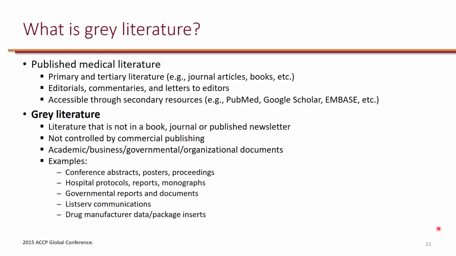Some examples include organizations like the American Heart Association, Infectious Diseases Society of America, and others. They have annual conferences where people reveal their research and the results before they're actually published, and the abstracts and posters from these meetings become available before the results are published in journals.